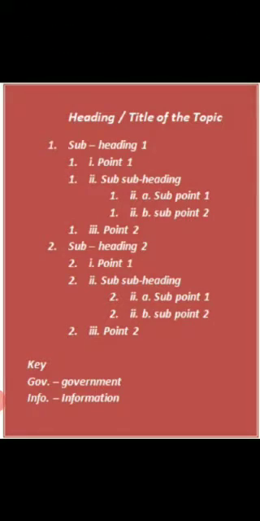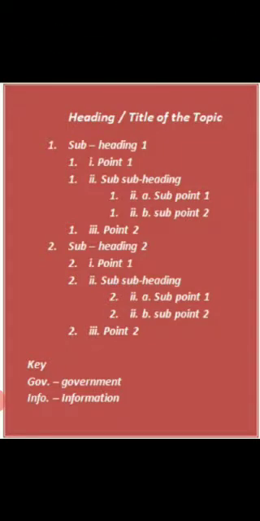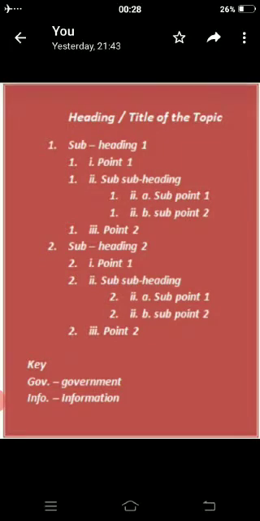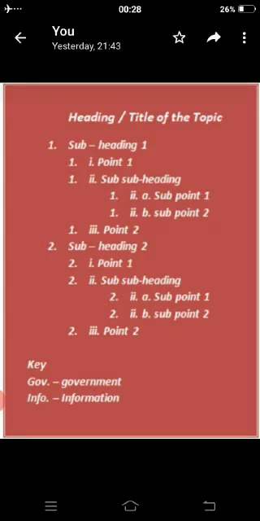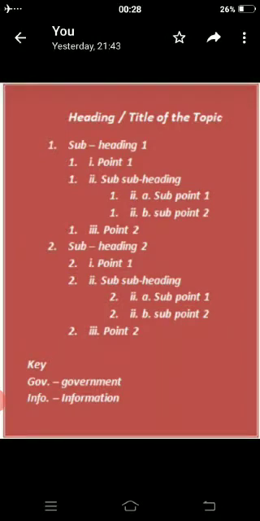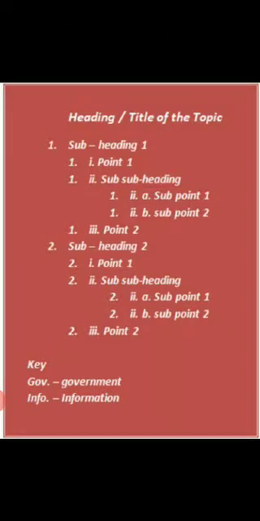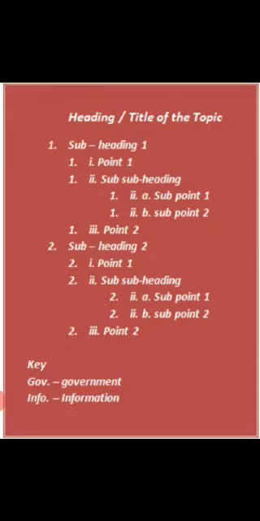A main heading is divided into subheadings. If a main heading is numbered as 1, then a subheading can be numbered as 1.1. And if you can further divide it into subheadings, like 1.1.1 or 1.1.2, like this only, right?